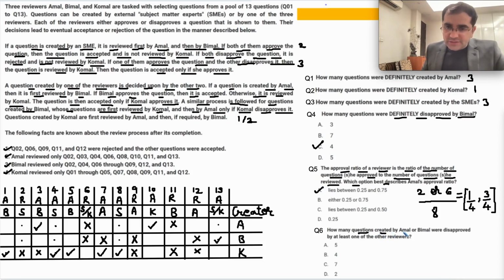How many questions created by A or B were disapproved by at least one of the other reviewers?